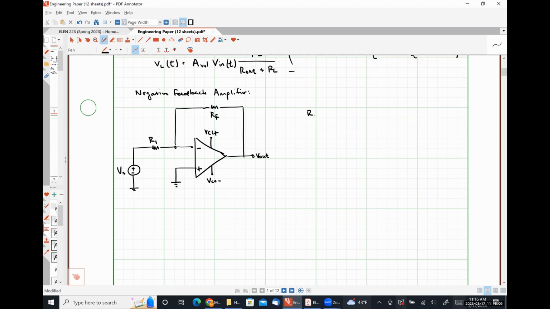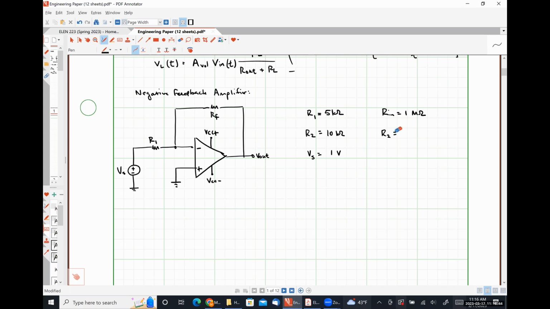And for this example, let's say that R1 is equal to 5 kiloohms. R2 is equal to 10 kiloohms. Our signal voltage is equal to 1 volt. And then our practical op amp parameters will be Rin equal to 1 megaohm.